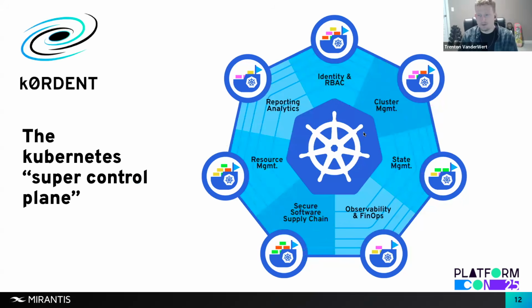So this is where Kordent comes into play. Kordent is our multi-cluster management utility. It is the control plane for all of these various Kubernetes clusters across many cloud regions and availability zones, all over your architecture, and it simplifies everything under a common standard interface, which makes it wonderful to use.